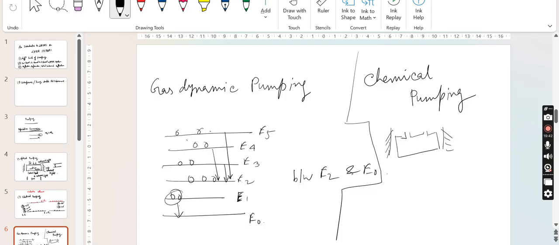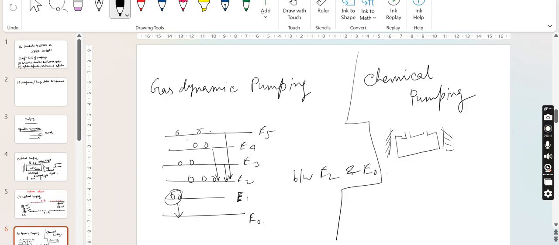There were already no molecules of that kind at the ground state. But when the chemical reaction happens, the product is already in the excited state. So even if one or two molecules are made as a product of that reaction, there is no same molecule in the ground state.